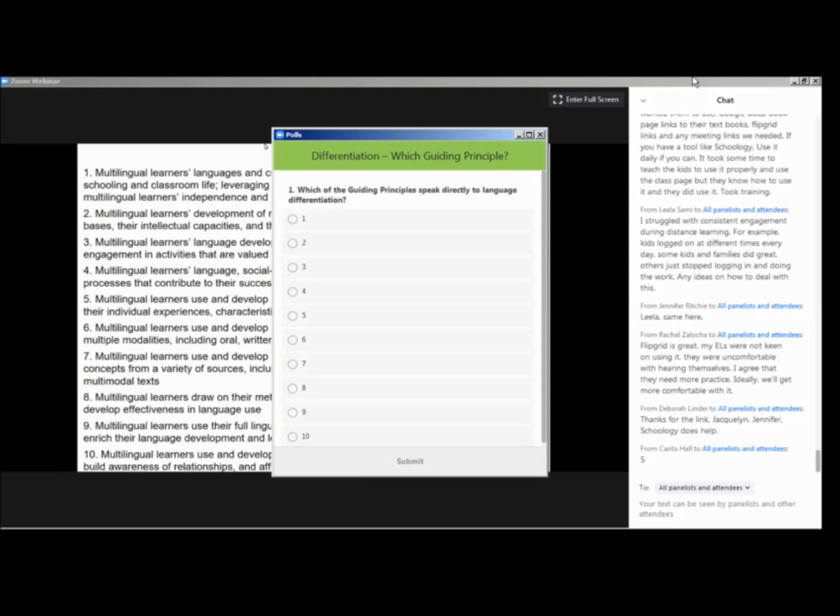All right, if you will go ahead and tell me which guiding principle speaks directly to language differentiation.